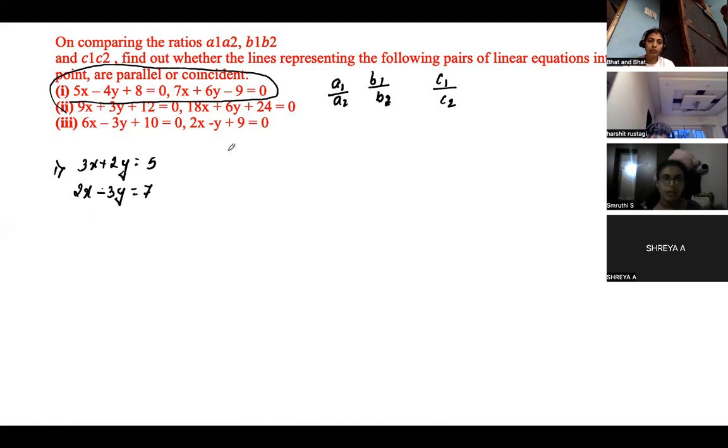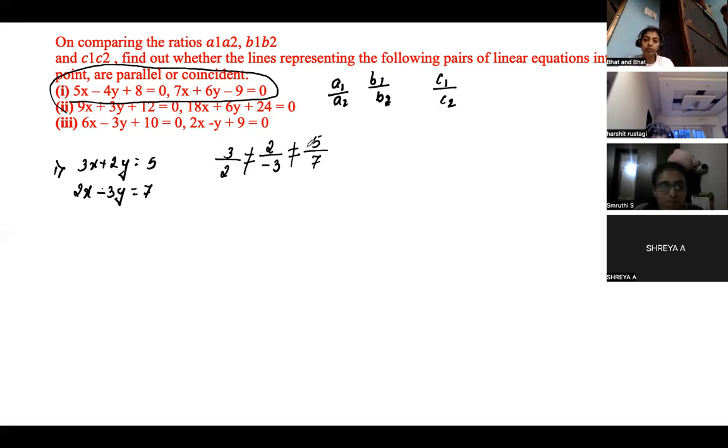Now, A1 by A2 is 3 by 2, correct? And B1 by B2 is 2 divided by minus 3. And C1 by C2 is 5 by 7. Now, are they equal? This is unequal. These are also not equal, correct? So if the ratios are not equal, then we have the table.